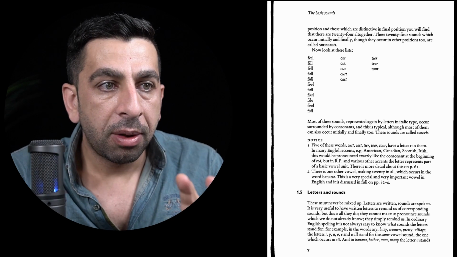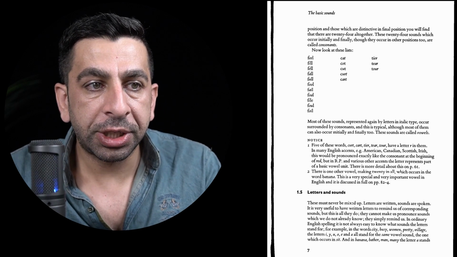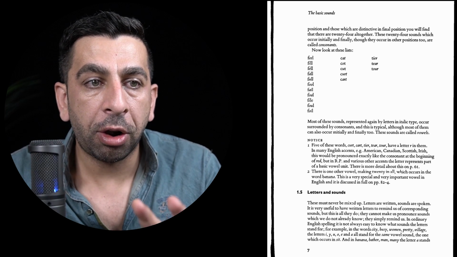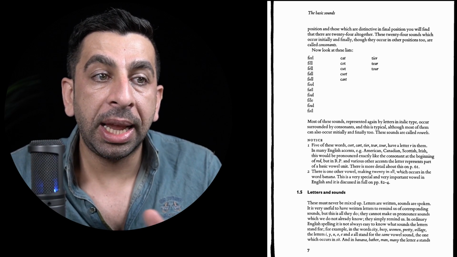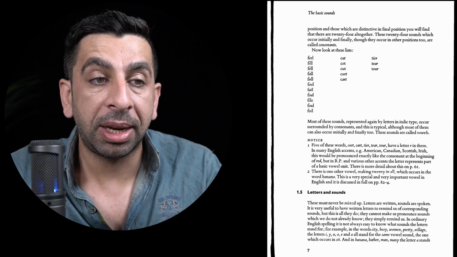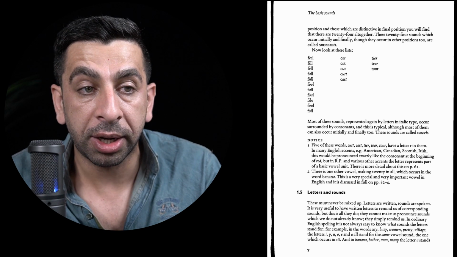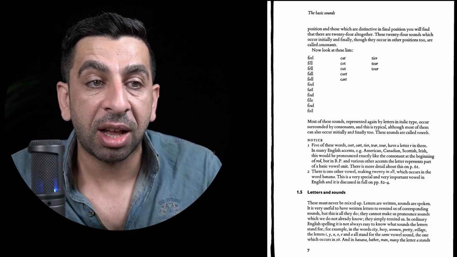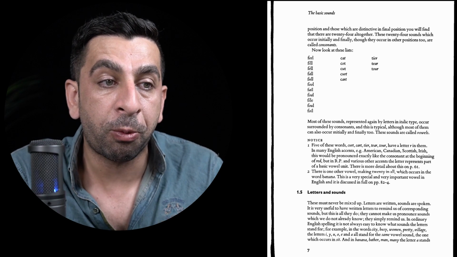Notice, لاحظ, 3 of these words, curt, tear, and tour, have a letter R in them. In many English accents, بعض من اللكنات الأمريكية مثل American, Canadian, Scottish, Irish, this would be pronounced exactly like the consonant at the beginning of the word red.